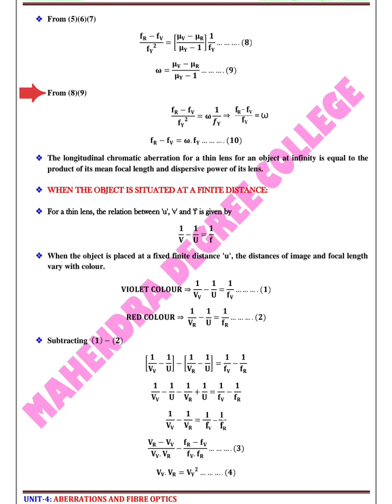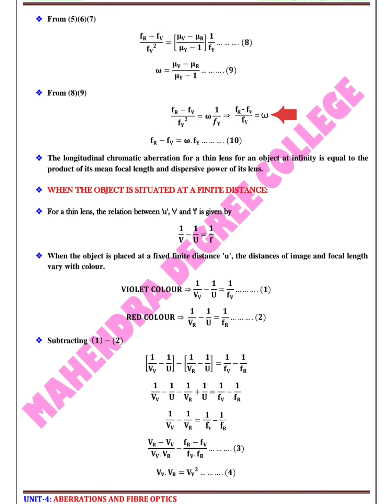From equations 8 and 9, substitute the omega value into equation number 8. We get (Fr minus Fv) by Fy square equals omega into 1 by Fy. Simplify the equation.